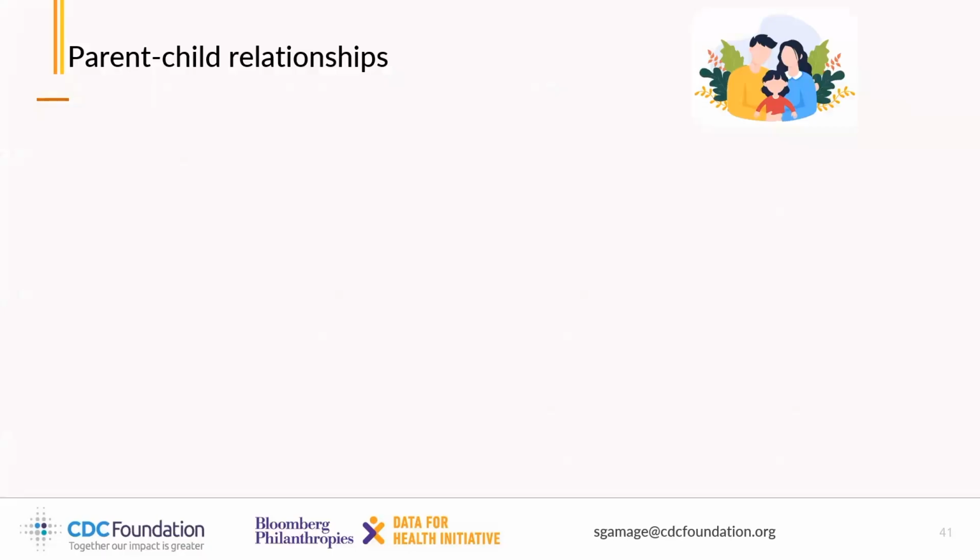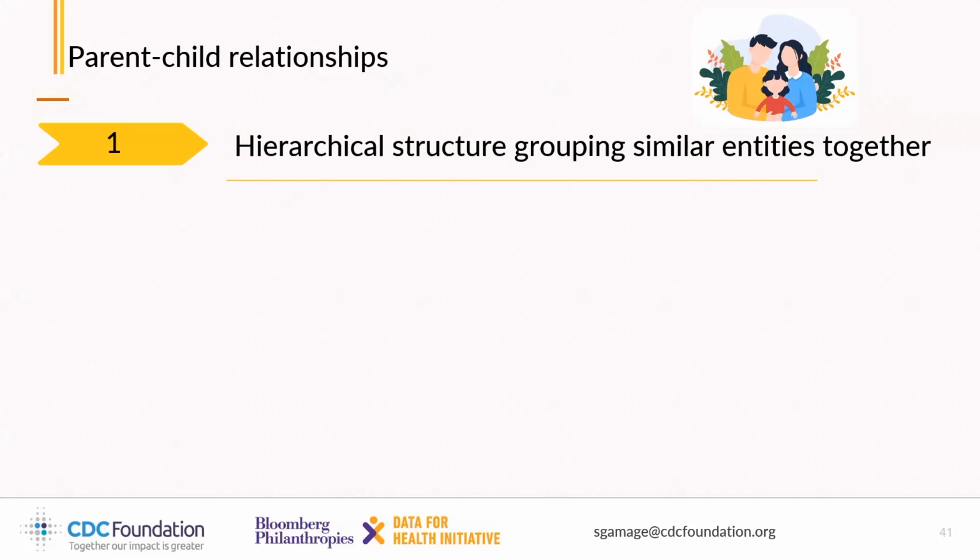Let's discuss parent-child relationships. This is another concept we discuss with ICD-11. In ICD-11, conditions are organized in a hierarchical structure. Each concept, that means a disease, symptom, or health issue, can have one or more broader categories it belongs to.